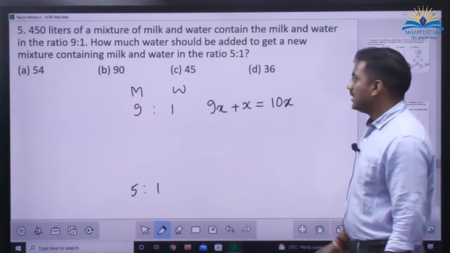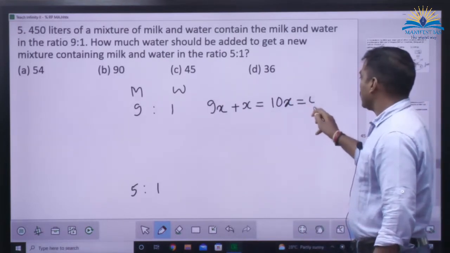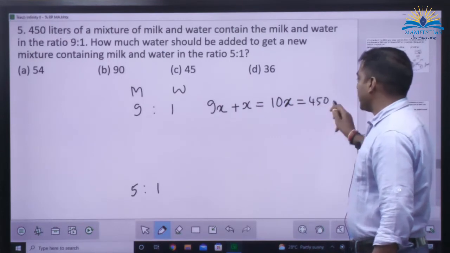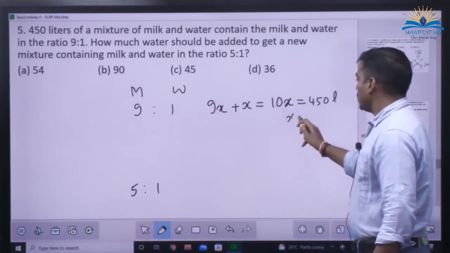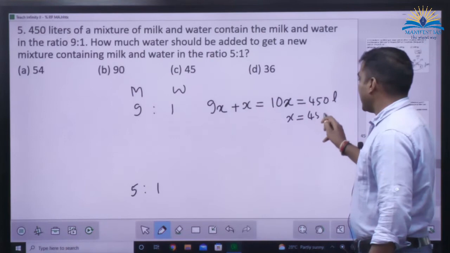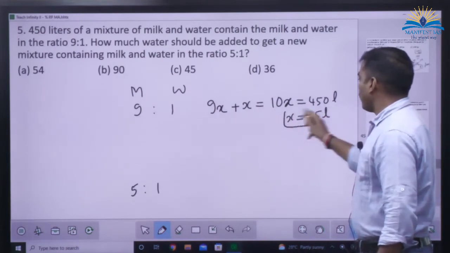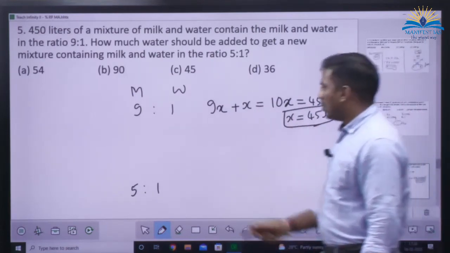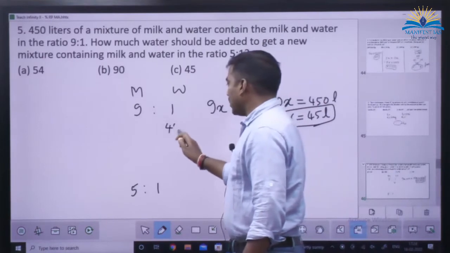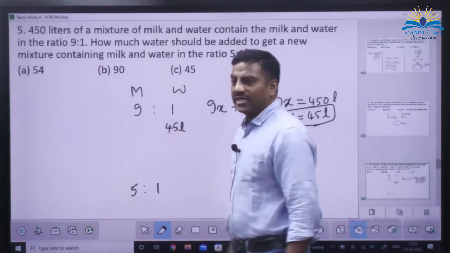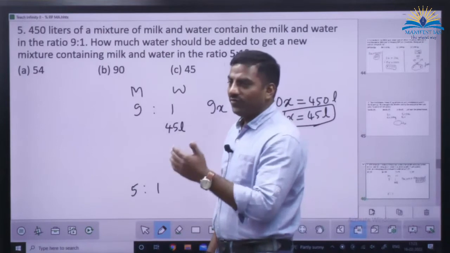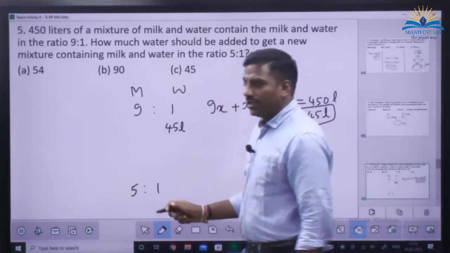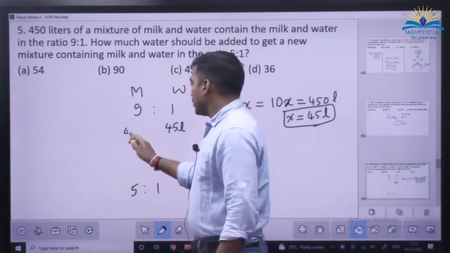So 10x is 450 liters, so x is equal to 45 liters. So water is 45 liters now and the rest of it is milk.